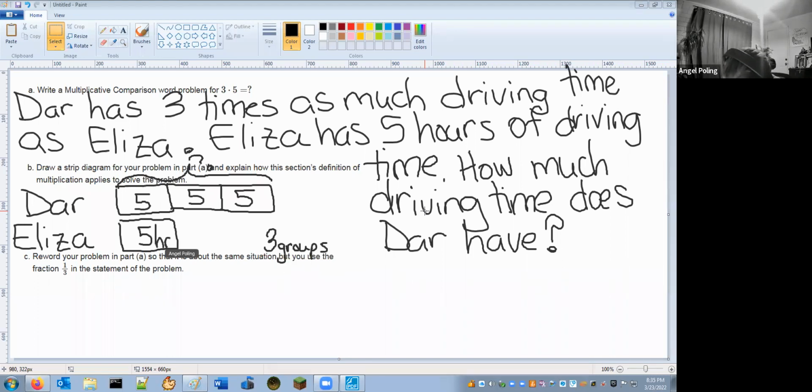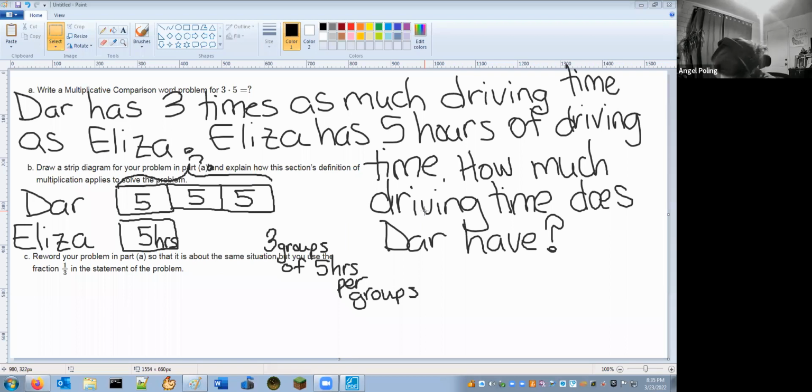And we should label that hours. 3 groups of 5 hours per, for lack of a better word, groups, right? 3 parts of 5 hours per part, 3 compartments of 5 hours per compartment, right? However you want to word that, box, square, strip of the strip diagram, for example.